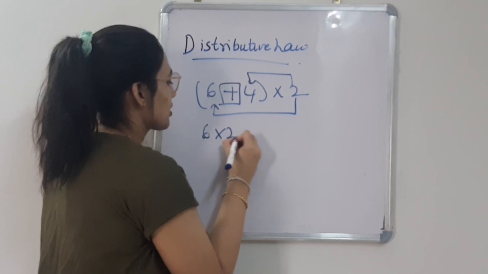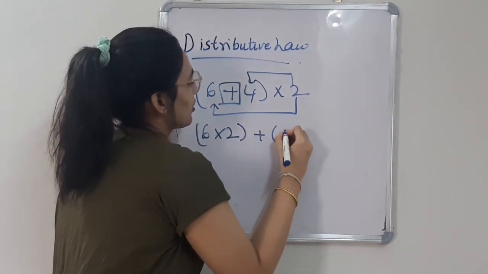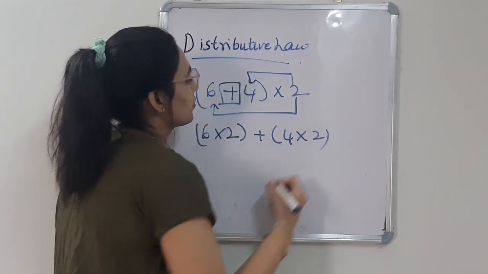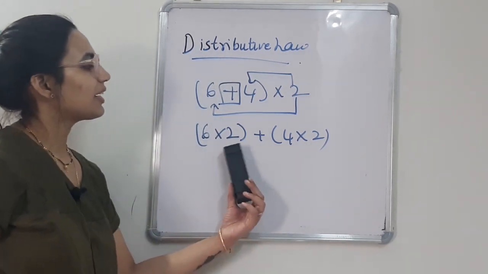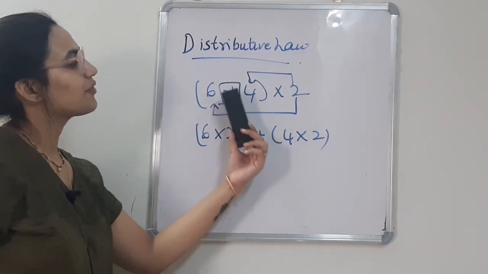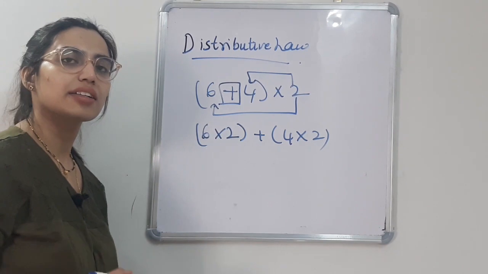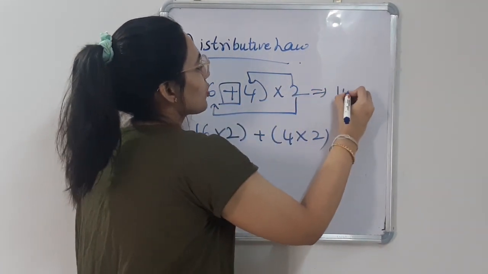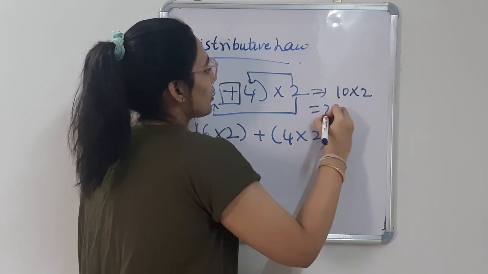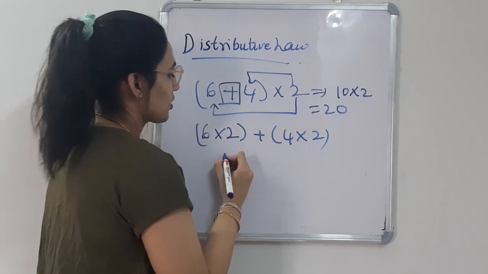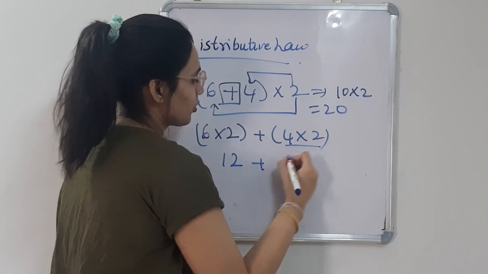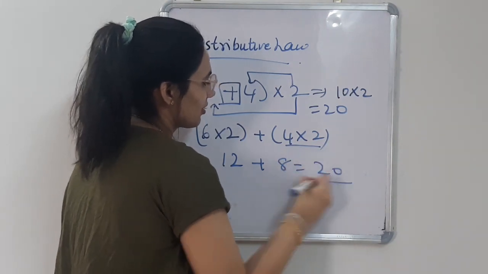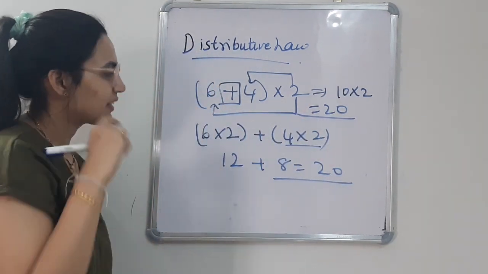That is 6 into 2 plus 4 into 2. If you multiply these two individually and add, and if you do it the same way, you will get the same result. That is 6 plus 4 is 10 into 2, 20. Now 6 2s is what? 12 plus 4 2s are 8, 20. So this is nothing but distributive law.